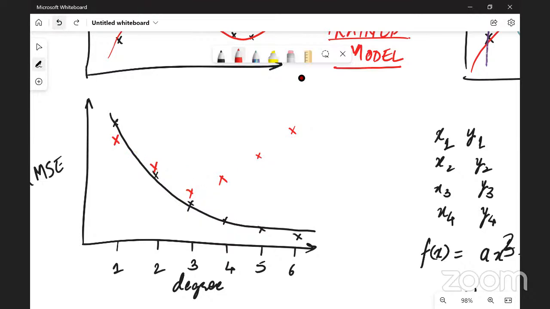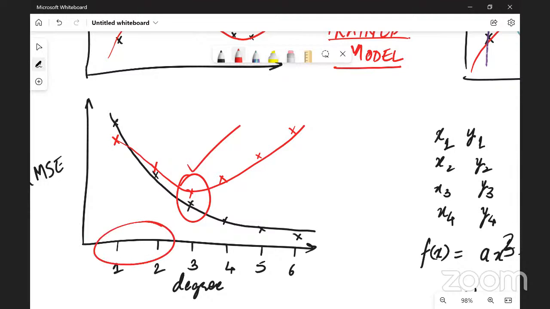Sir, is there any difference between a smooth fit and an optimal fit? No. In the slides, they are being used interchangeably. So whenever we say that 3 is the best one, then relative to 3, degree 1 and 2 are underfitting, and degree 4, 5, 6 are overfitting.